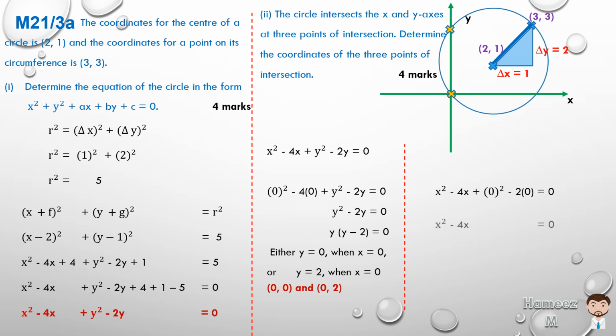And that gives us x squared minus 4x is equal to 0. So x by x minus 4 is equal to 0. Either x is 0 when y is 0, because that's what we substituted, or x is 4 when y is 0. So it's still going to give us 0, 0, the origin, which we already have, and 4, 0, which is another root. So that gives us our 3 points of intersection.